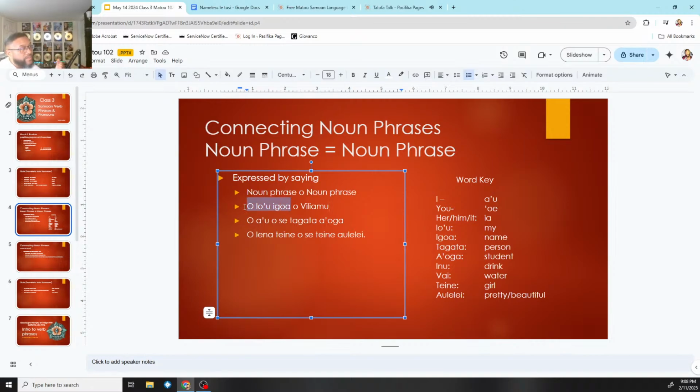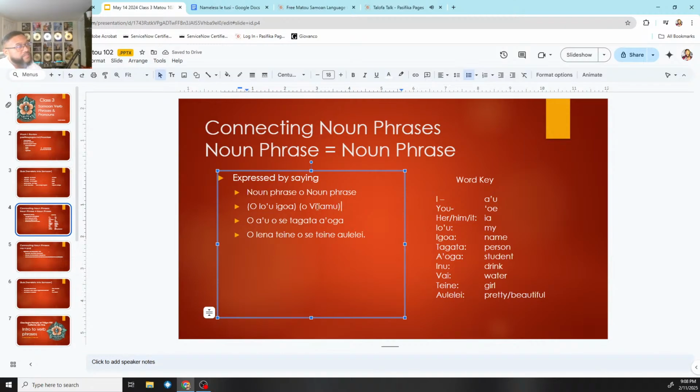If we break it down like we did in our subject phrase format, it is my name. So this is one subject phrase, Olo'uingoa. The other subject phrase is Oviliamu, is William. So my name is William.